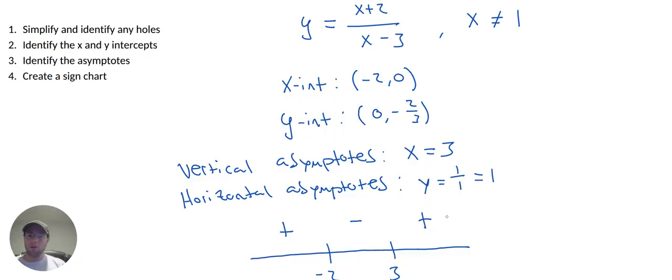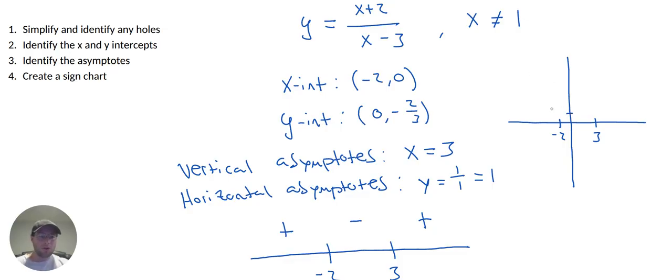So now we can go ahead and graph this function out. I'm going to do that right here. Let's draw our x-intercept at -2 and our vertical asymptote at x equals 3. And then we're going to have a horizontal asymptote at y equals 1.